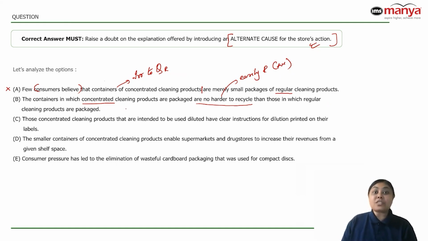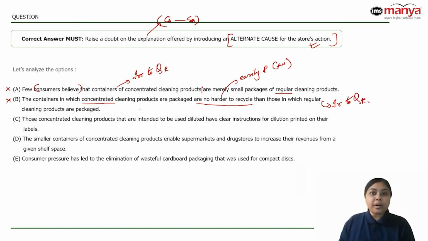Does that put a question mark on the explanation that is provided? The explanation is nothing but the relationship between consumer awareness and the store's action. That question mark is not raised. So this also is irrelevant to the question requirement. It is like saying, yes, it is an environmentally friendly plan, but that is not what I am trying to highlight. Next.